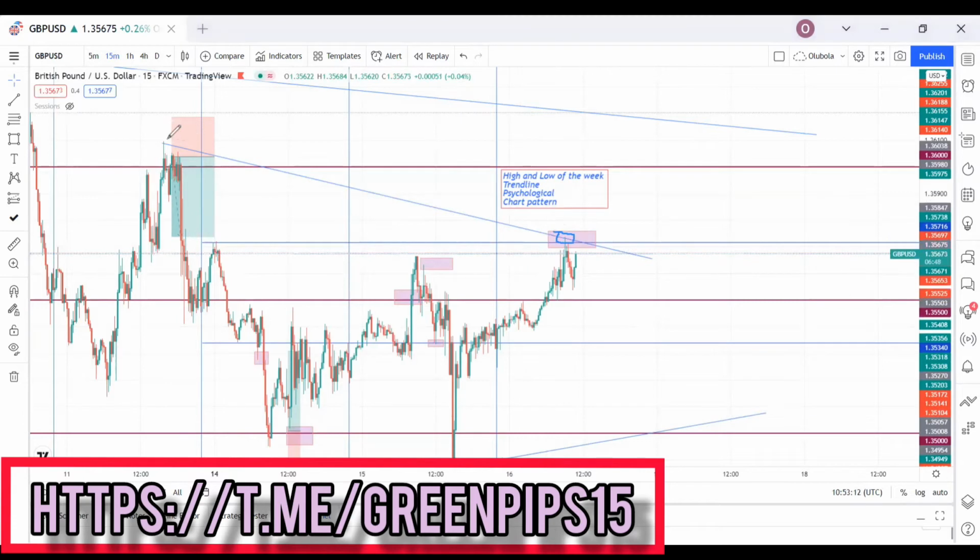So I have this trend line valid. If I have this with weak rejection, I go.